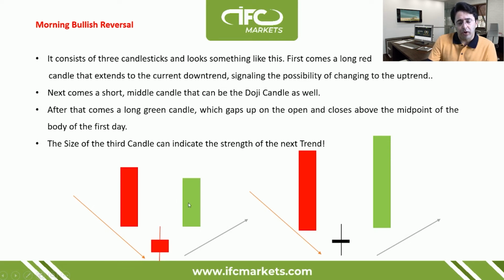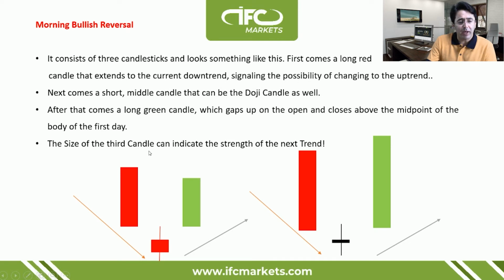The third one is the bullish candle that usually should close at least above the 50% or middle line of the bearish candle. So if this is our bearish candle, the middle line of this bearish candle is here. The bullish candle, the one that is going higher, should close at least above that middle line of your bearish candle.